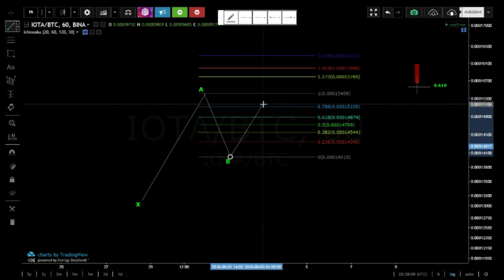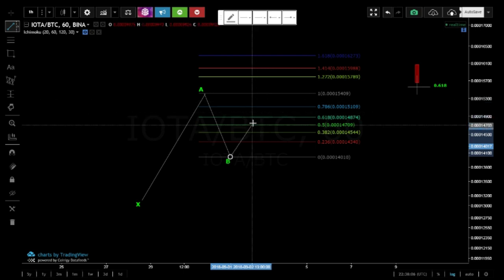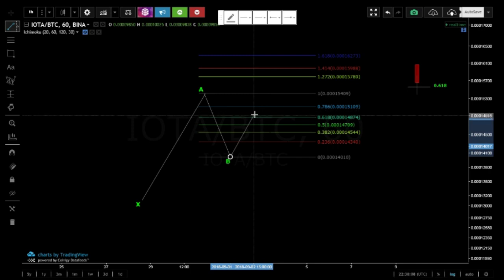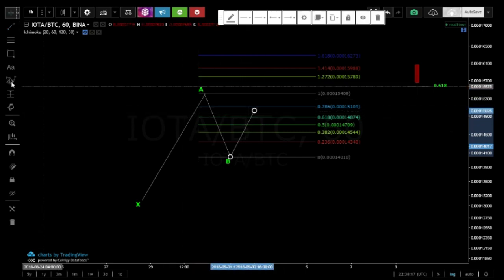We can only get the wick that will just cross above the 0.786. So when the body of the candle closes between this 0.618 and 0.786, then we'll have our C leg.